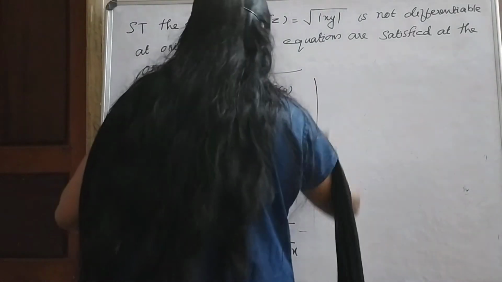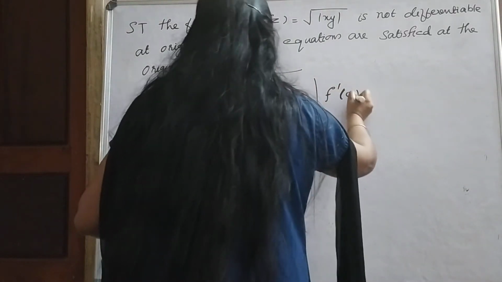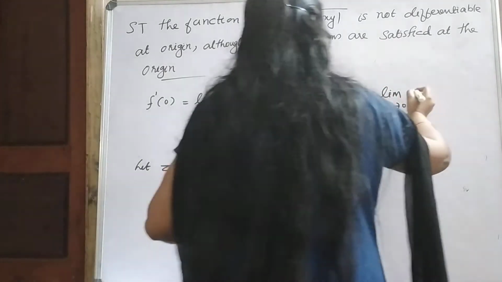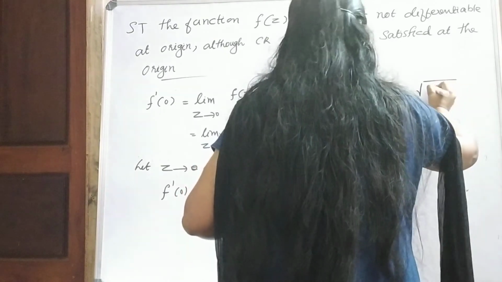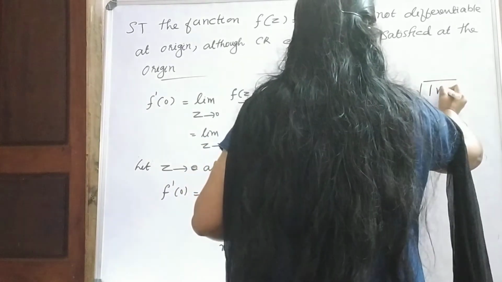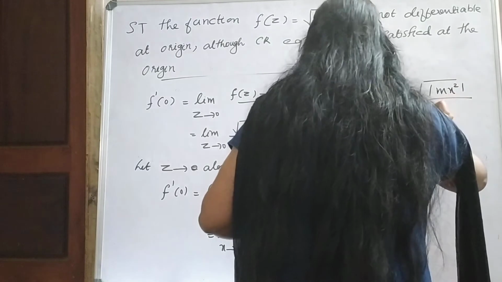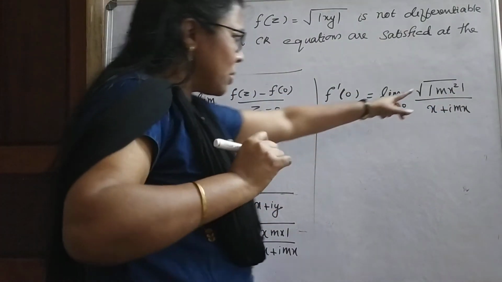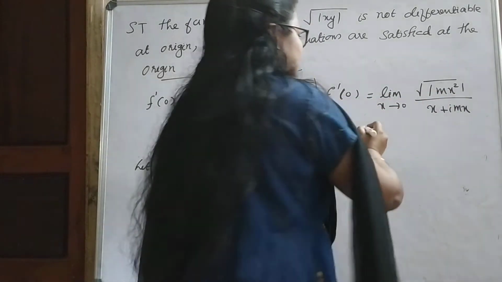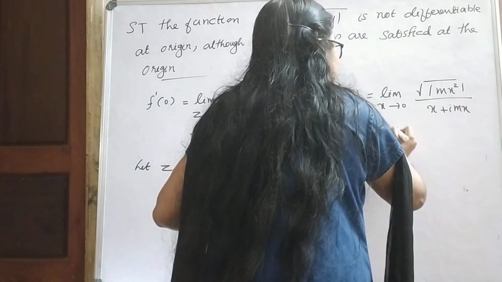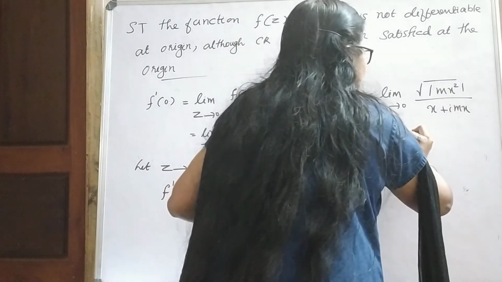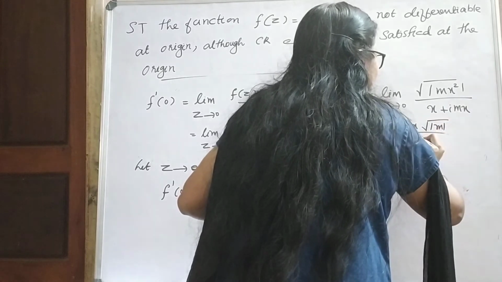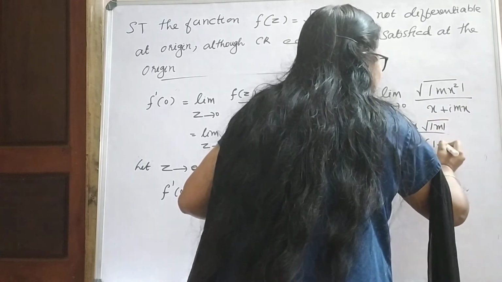So f dash 0 equal to limit x tending to 0 root mod m x square by x plus imx. Here x square will be coming outside as x. That is limit x tending to 0 x into root mod m by x into 1 plus im.